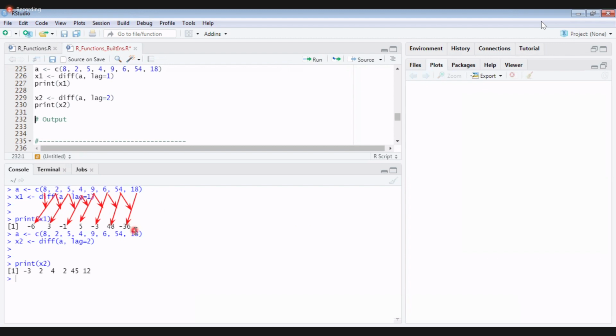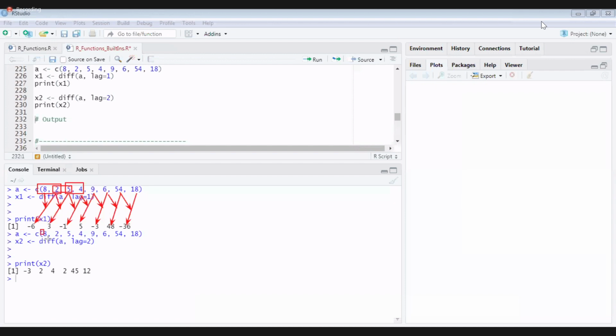Lag 1, 5 minus 8. Very good. So lag 1 means it is treating consecutive elements as one set. These two as one set, next, these two as one set. But if you give lag 2, it is skipping one element. It will treat this and this as one set.